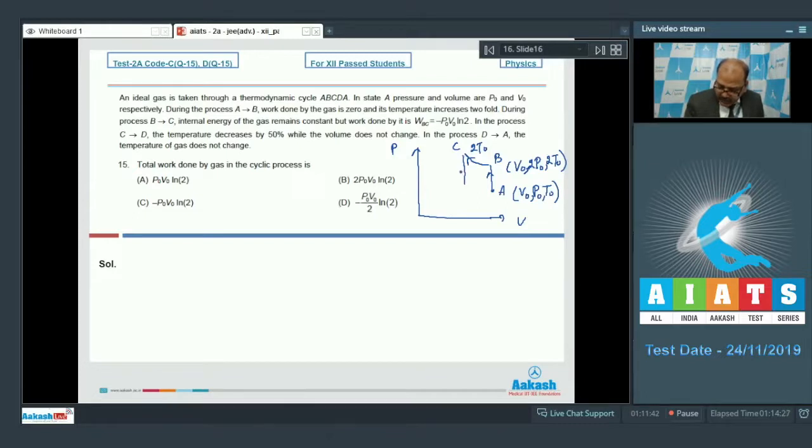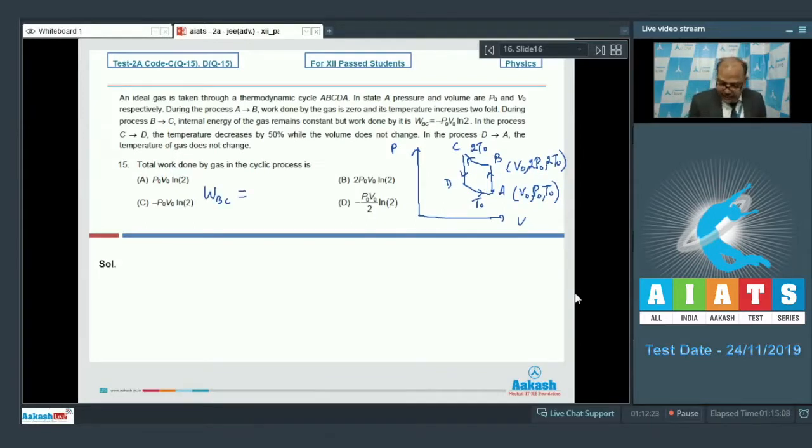C to D is again an isochoric process, and from D to A is again isothermal expansion at temperature T0. Now work done in the cycle will be there only in 2 steps, that is step BC and step DA.